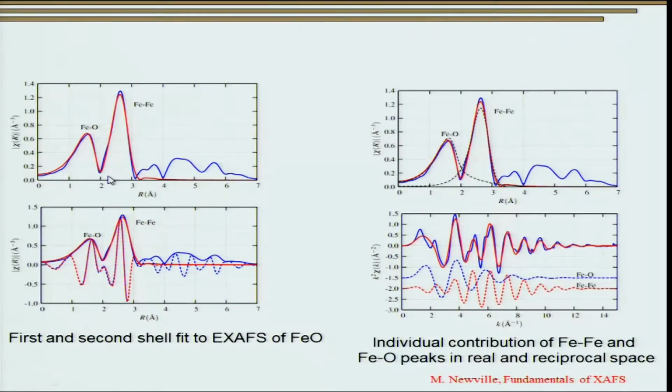So, here we can see that this peak which we get between 1 and 1.5 angstrom essentially corresponds to FeO, while between 2 to 3 it corresponds to Fe and Fe. By doing it like this, we can fit all the different kinds of peaks and get the individual contributions, for that matter here the iron and iron oxide peaks, not only in real but also in reciprocal space.